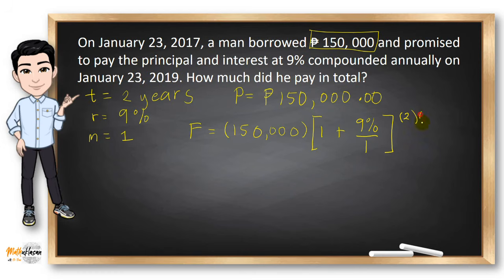Yes, 2 years. We just need to multiply it to 1 because M is equal to 1. By using your calculator, the final amount now or the total number of his payment is 178,215 pesos.